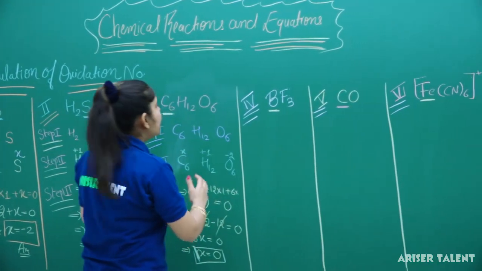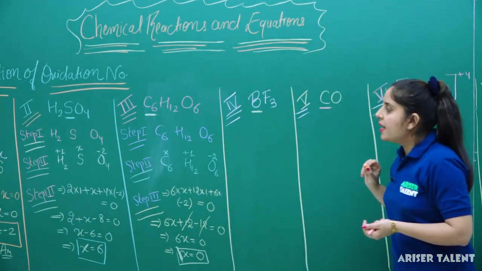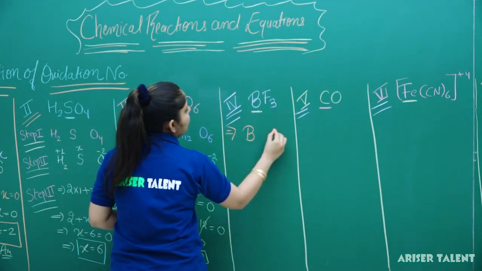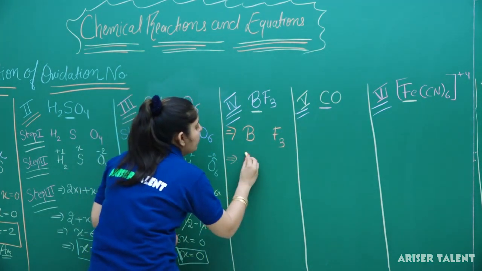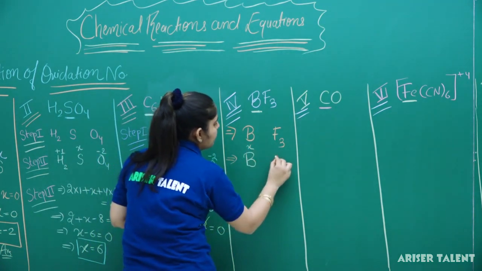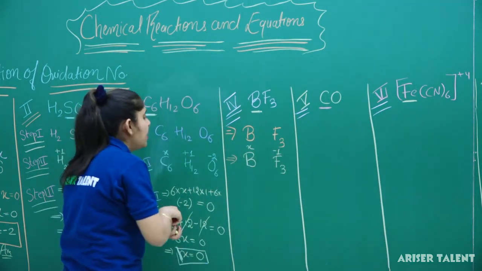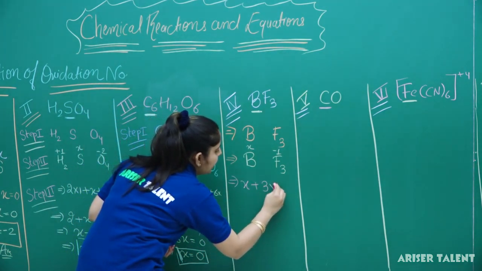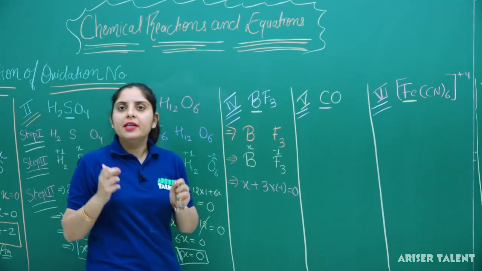Now we are proceeding to our next element, that is BF3. In step number 1, we will write the individual elements. In our step number 2, we have to calculate the oxidation state of boron, so I am assuming it X. F3 will be in the -1 state. Now in the third step, we will do our calculation, that is X plus 3 into -1 equal to 0. Why have I multiplied 3 with -1?